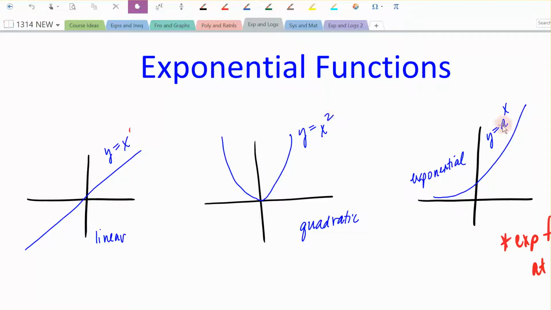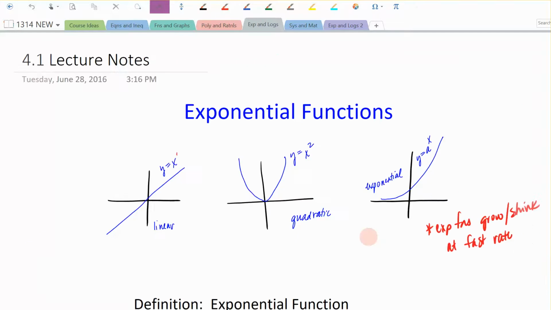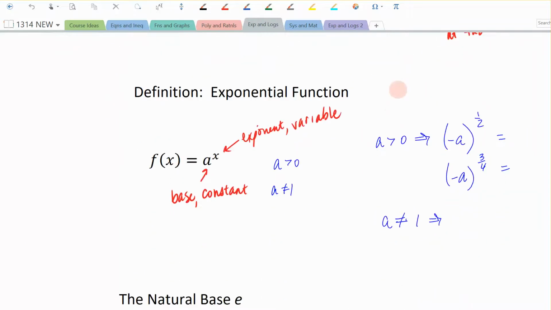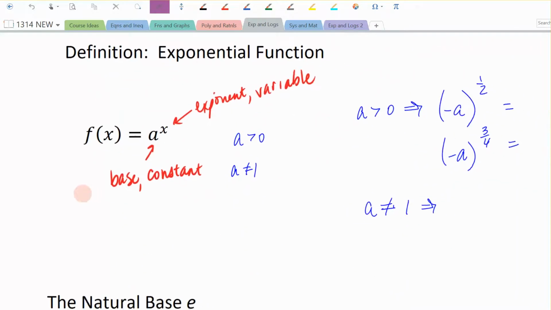But when I start talking about my exponential function, the variable, the part that changes, is now up in the exponent position. It is the exponent for some base or some number a. That's the difference between equations that we're used to seeing and what we're introducing in this section.